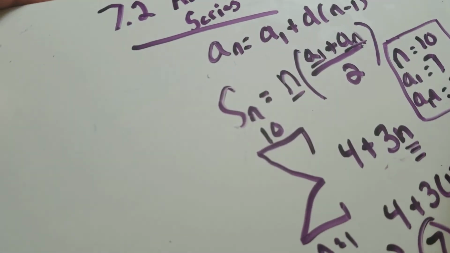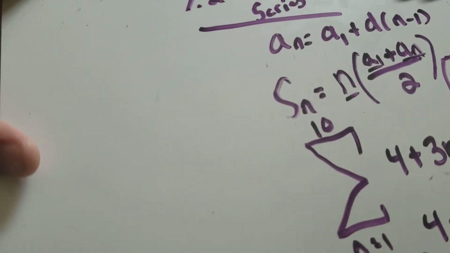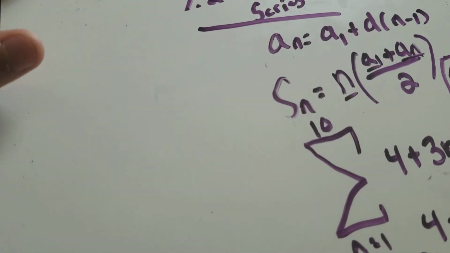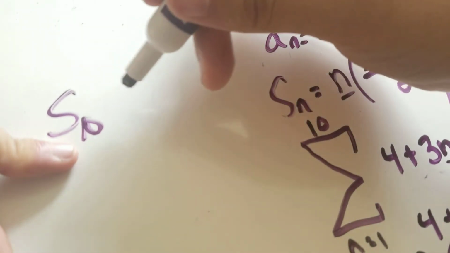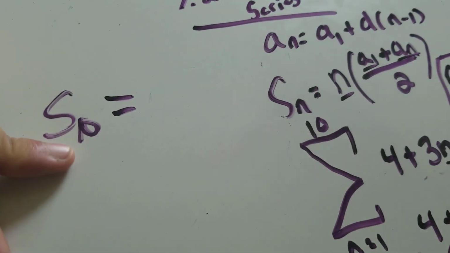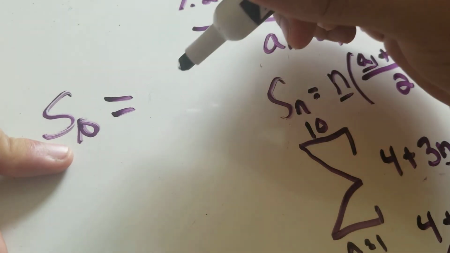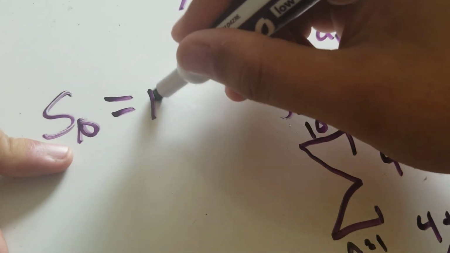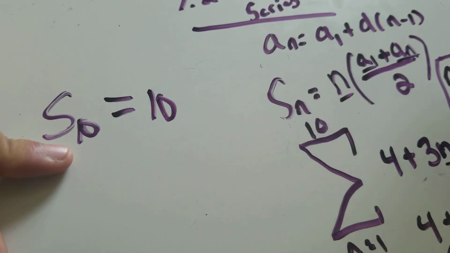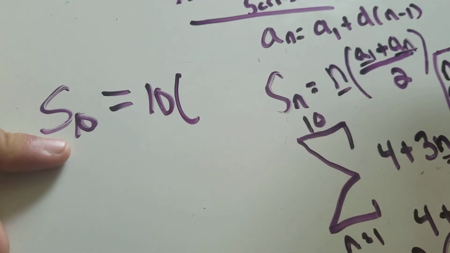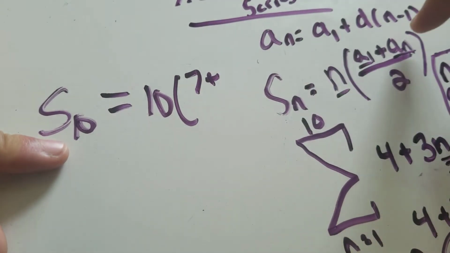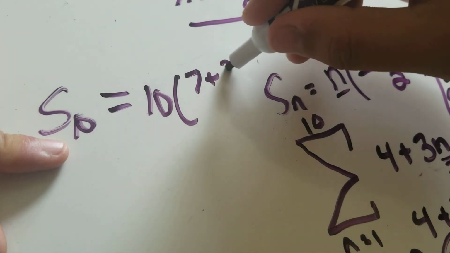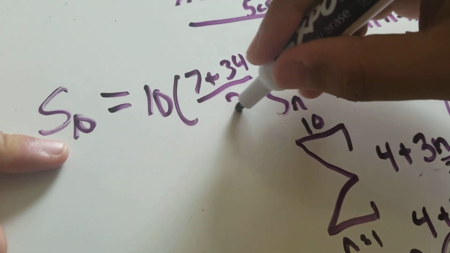So I'm going to use this equation over here. It is S of 10, because I'm going to the 10th step, equals 10, this n becomes 10, times a1, which was 7, plus an, which was 34, divided by 2.